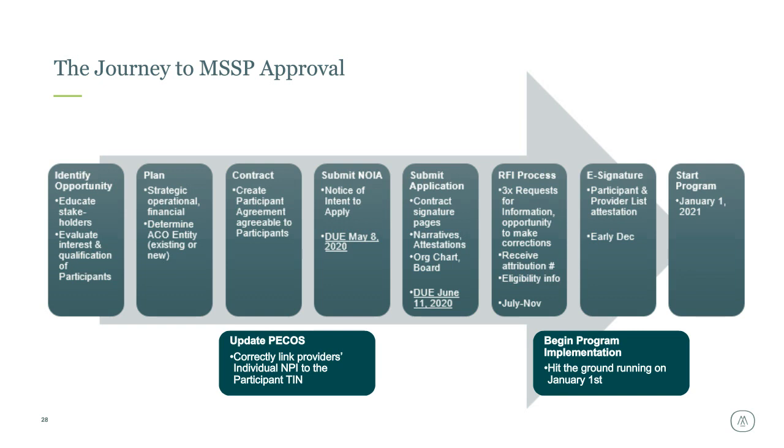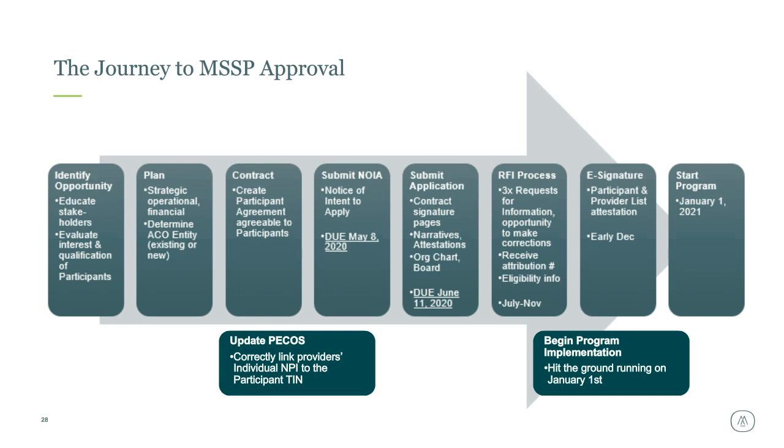And then the key authorized people log in and sign online. It's all done online. And if you get through this entire process, and of course you have more than 5,000 lives, then you are good to go, and you begin the program as a Medicare ACO on January 1st, 2021.